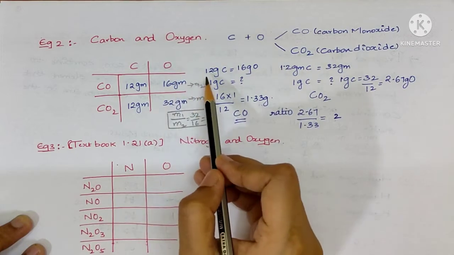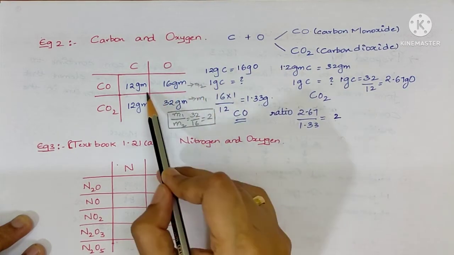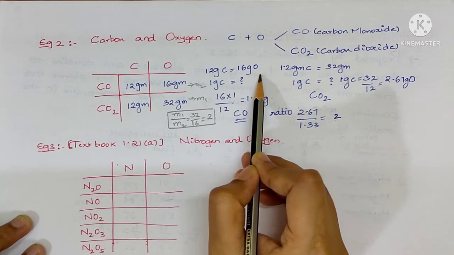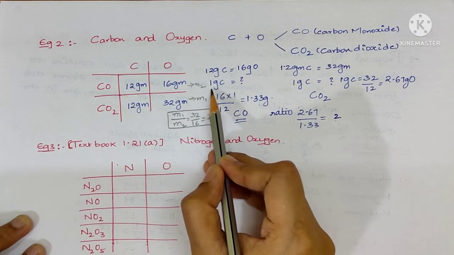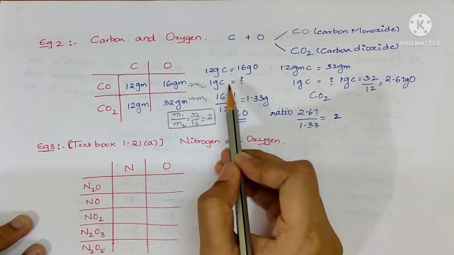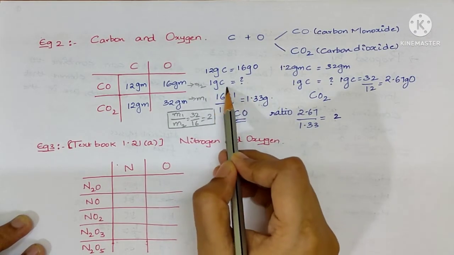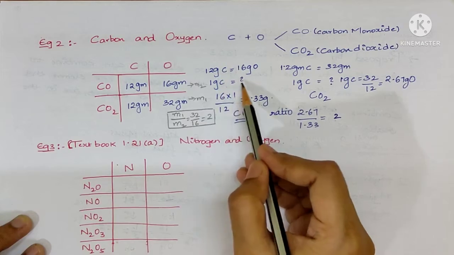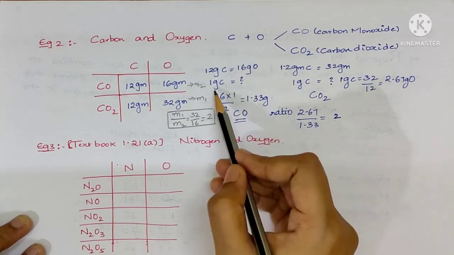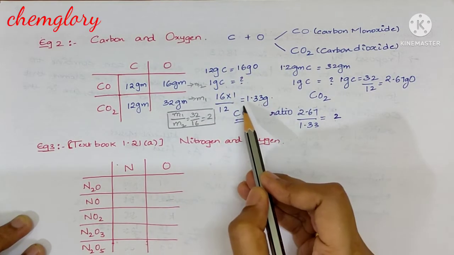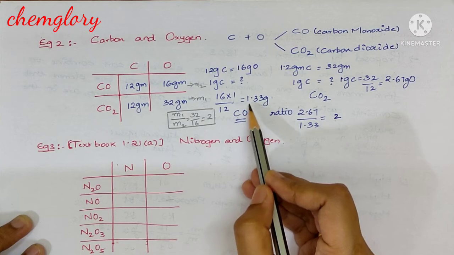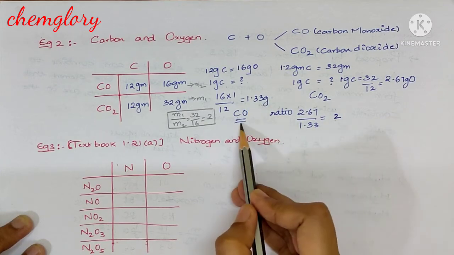In the first case, 12 grams of carbon is equal to 16 grams of oxygen. Then what is the mass of oxygen for 1 gram of carbon? Now let's crisscross it. 16 into 1 by 12. Finally it is equal to 1.33 grams in CO.